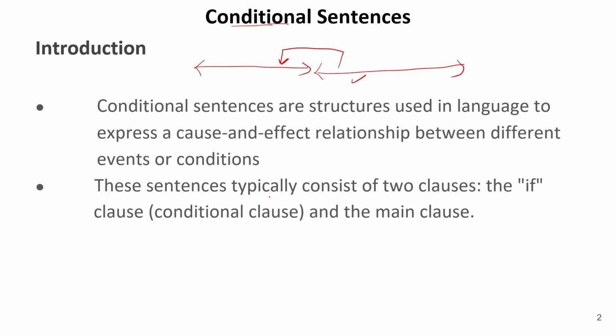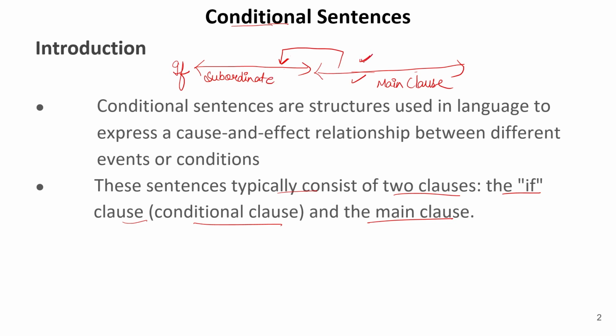Now these sentences typically consist of two clauses, that is the if clause, that is the conditional clause, and the main clause. Before the first clause we have a conjunction, that is if, then this clause and then this clause. This clause is called the main clause, whereas this clause is the subordinate clause, or you can say conditional clause.